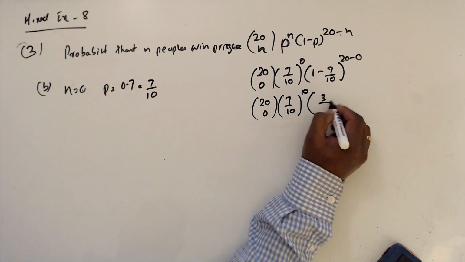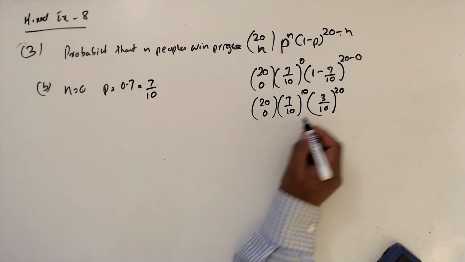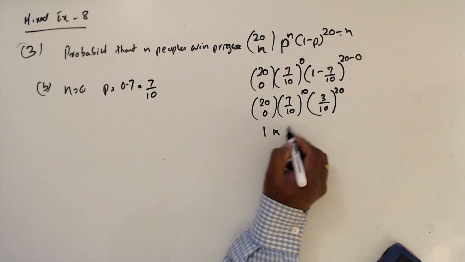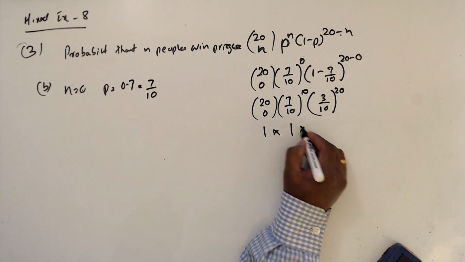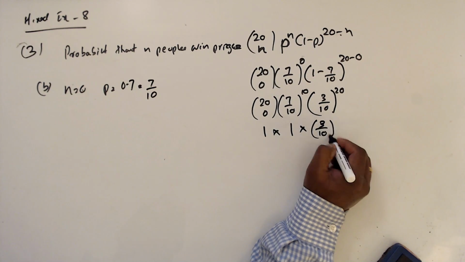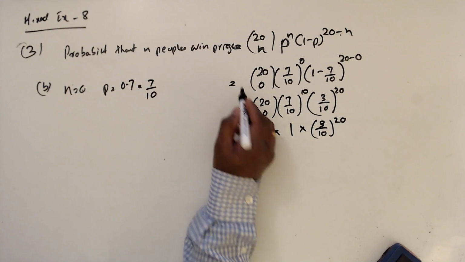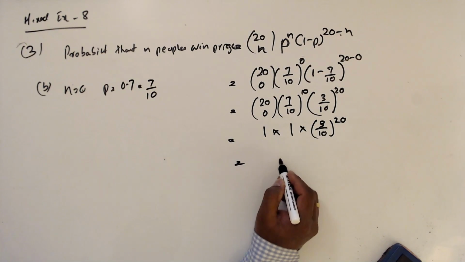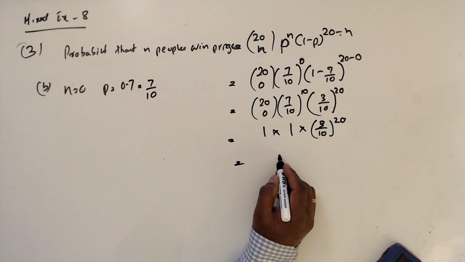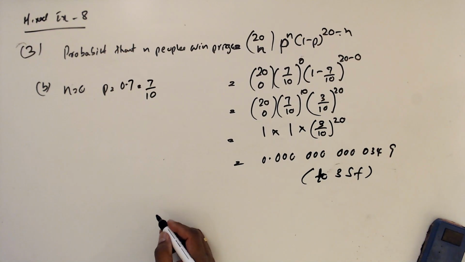Now 1 minus 7 over 10 means 3 over 10 to the power 20. This is 1, this is also 1. Now this is 3 over 10 to the power 20. So this is for 3 significant figures.